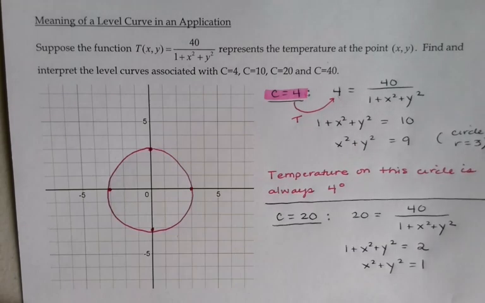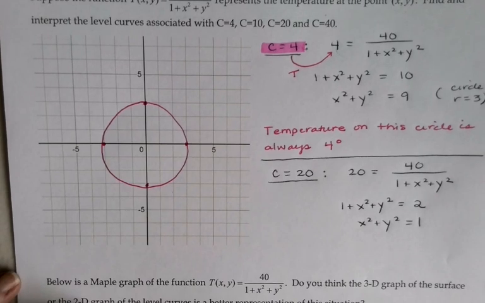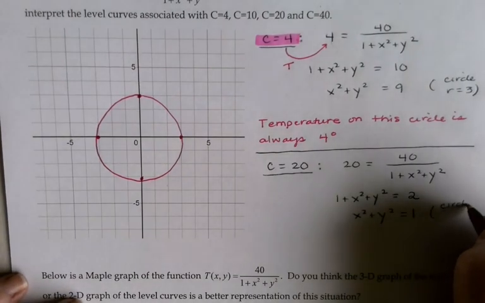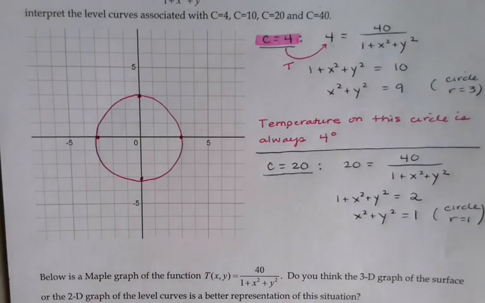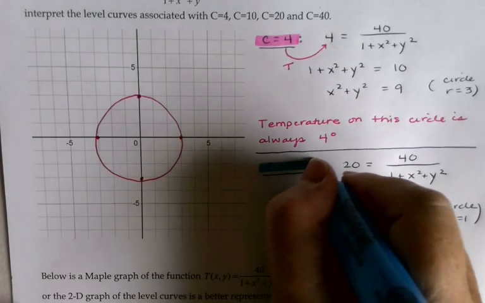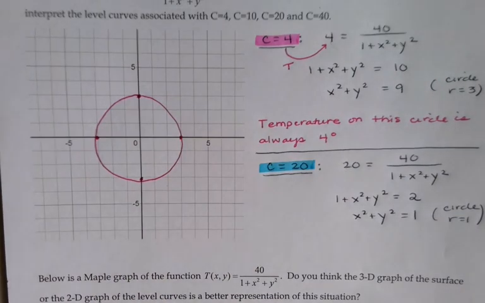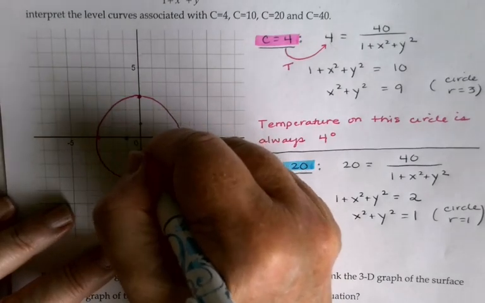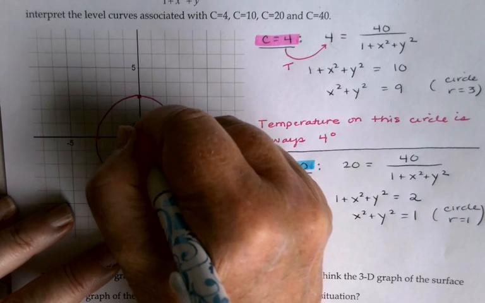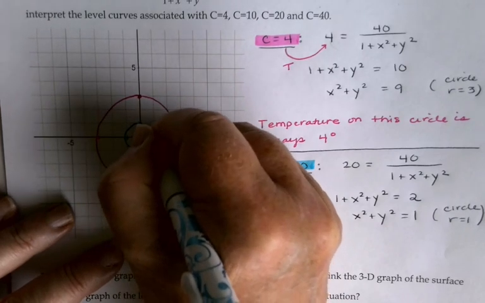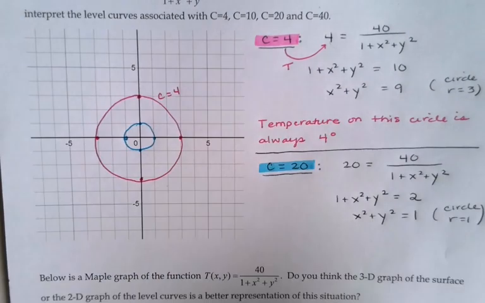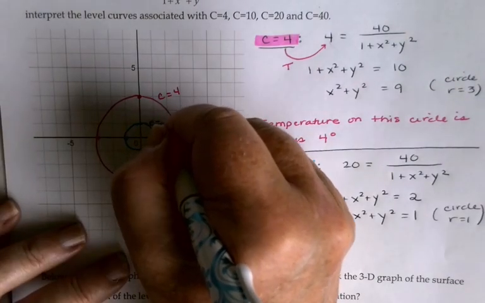So I'd have x squared plus y squared equals 1. And now I've got a circle of radius 1. So I'm going to go ahead and put this one in blue. Again, this was c equals 4. That's c equals 20.